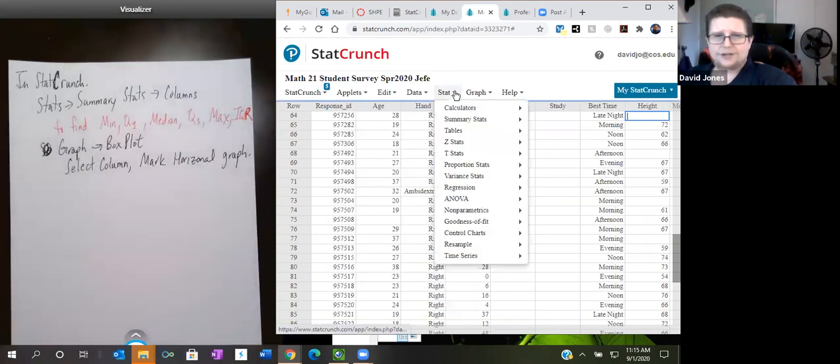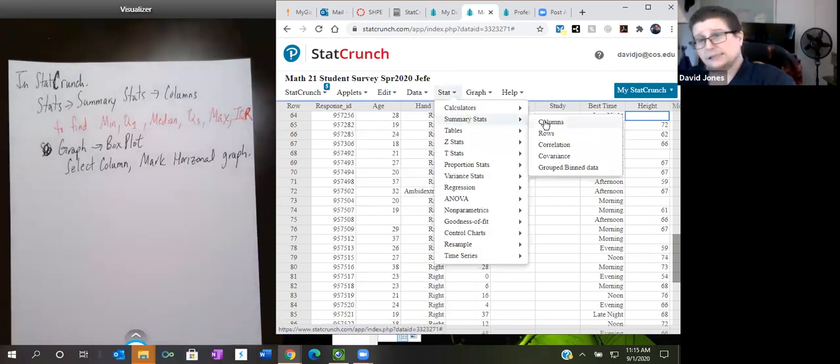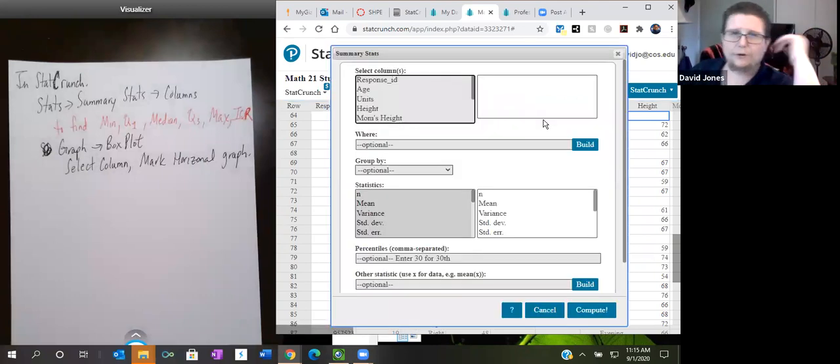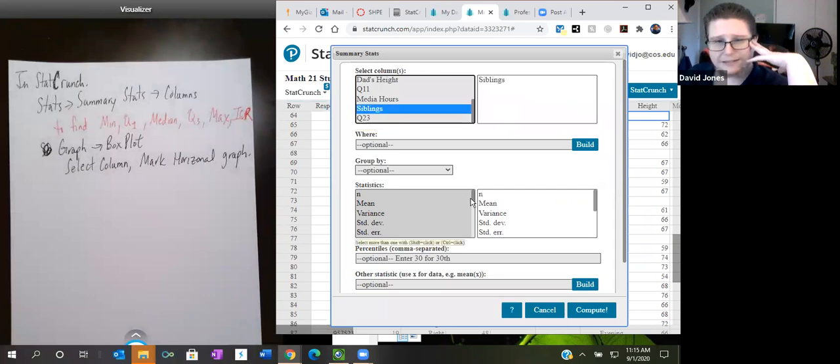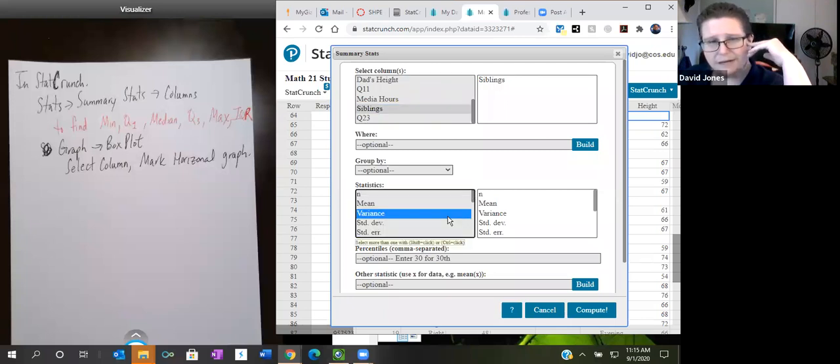Does StatCrunch show us the whiskers? I don't think it does. Or does it show the lower fences? Let's take a look at it. Is there anything in here that gives lower fences? I'm going to check. If I don't know something, I'm going to look it up. So this is my statistics box. Got N, which is sample size, mean, variance.